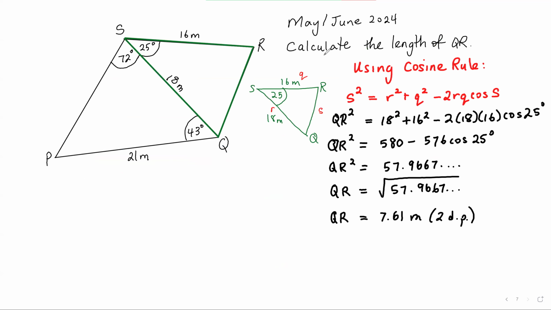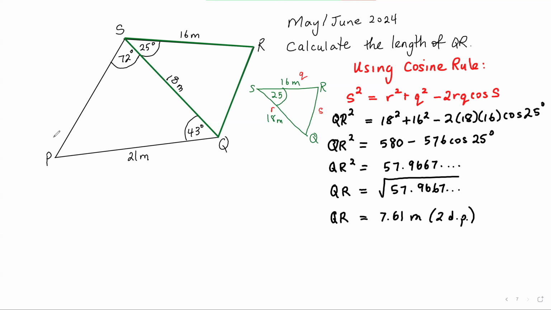So in this question here, which was the question from May, June 2024, a trig question, well, a piece of it at least, you had to find this missing side. And as you can see, this triangle QRS has two given sides and the included angle, right? Now you could use the sine rule to find the length ST if you wanted.